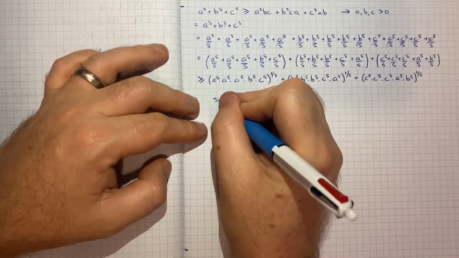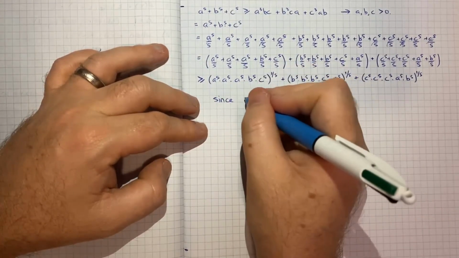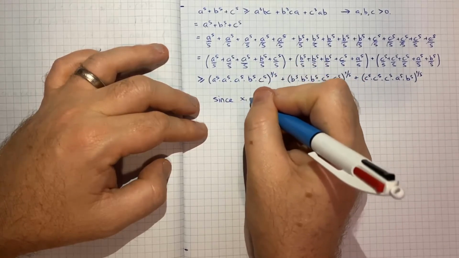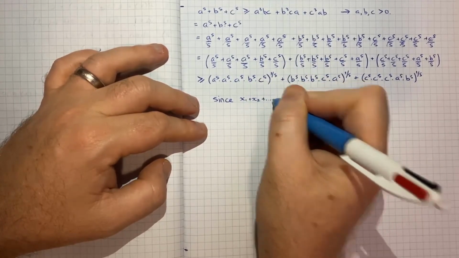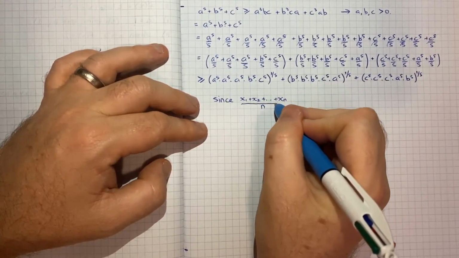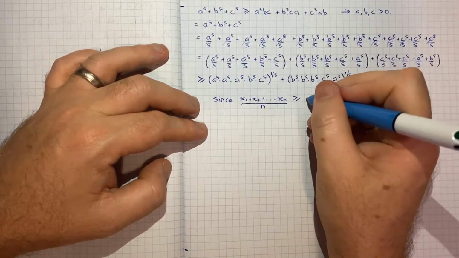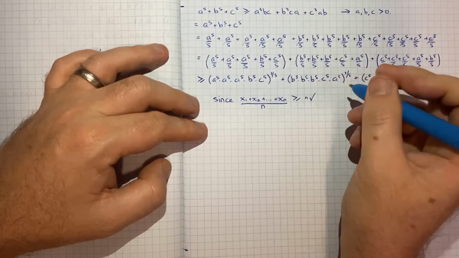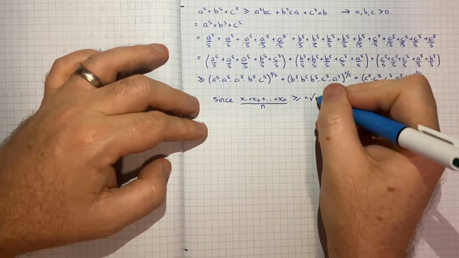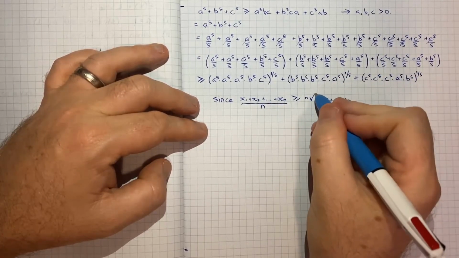And that's because of the arithmetic mean. In general, x1 plus x2 up to xn all divided by n, the arithmetic mean, is greater than or equal to the geometric mean, which is the nth root of each item multiplied, so x1 times x2 all the way up to xn.